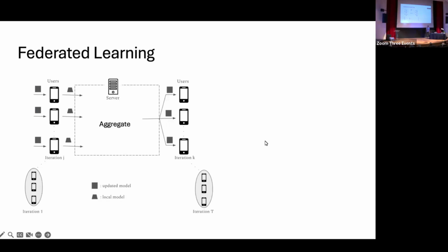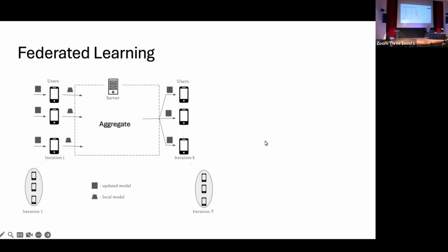Okay, so what is the setup for federated learning? You have a bunch of clients who have some data locally on their devices, and there is a server who wants to use this data to somehow train a machine learning model.